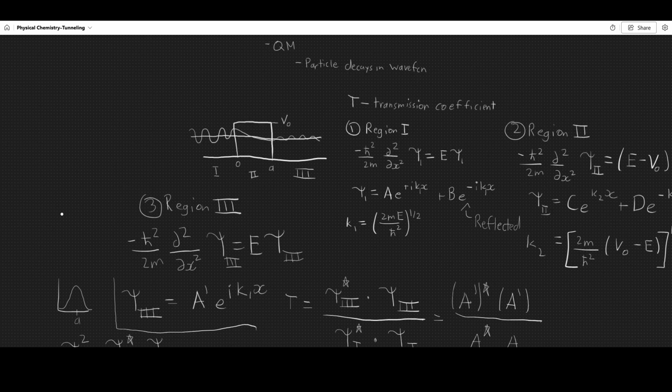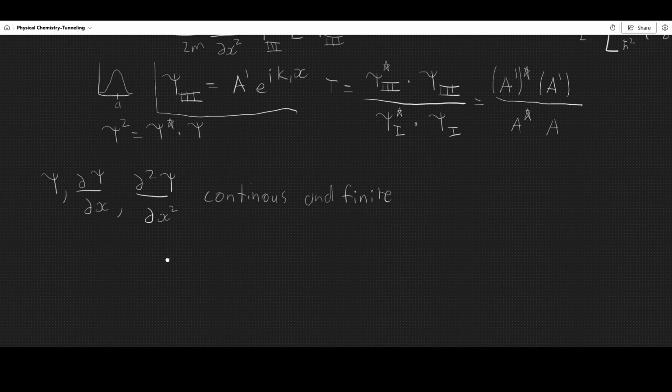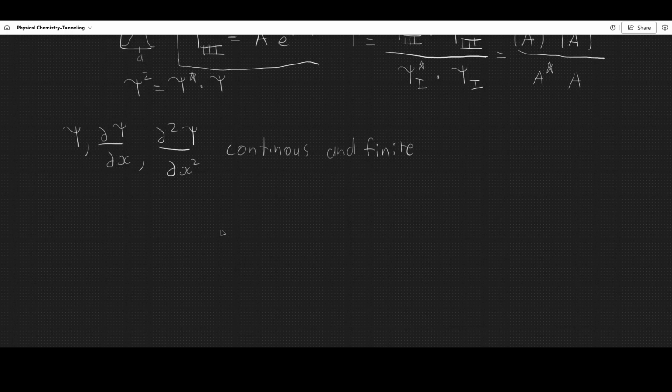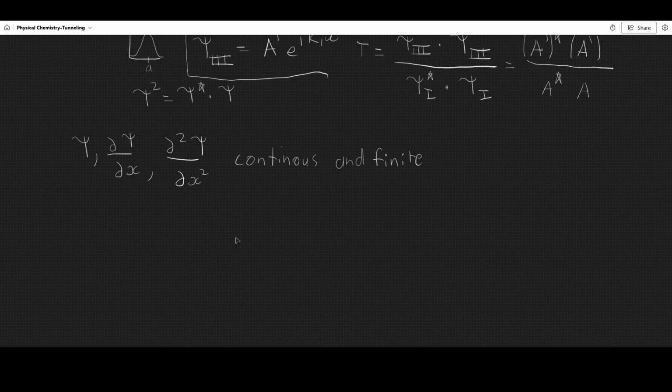So whatever the wave function psi 2 is at x equals 0, and the value of psi 1 at x equals 0, they both have to be the same in order for it to be continuous. We can utilize this to get some equations that we can use to solve for the unknowns, which are the constants. So let's go ahead and apply those.